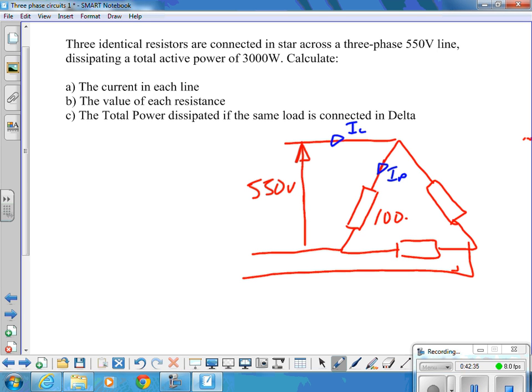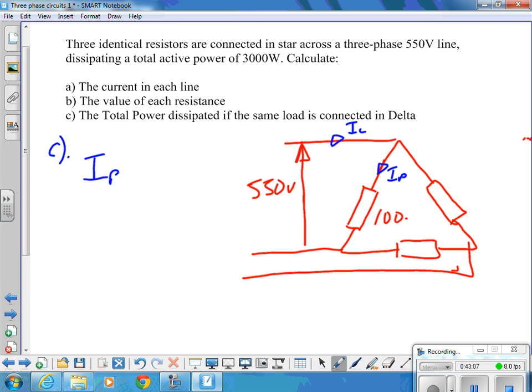So what can I calculate? All I've got at the moment is 550 volts and 100 ohms. Which current, Joe? IP, can't we? We've got 550 volts.